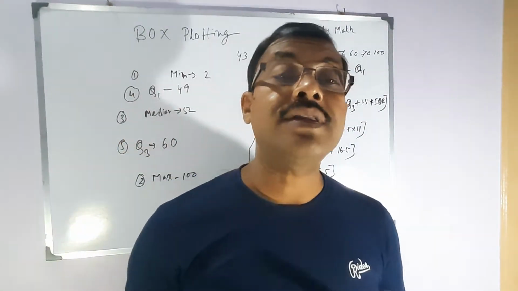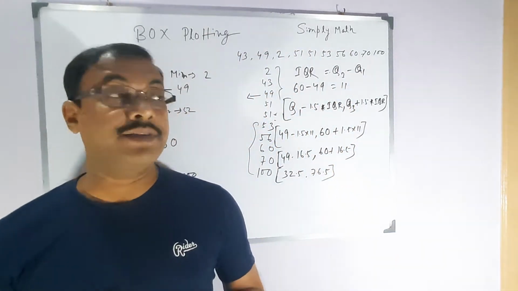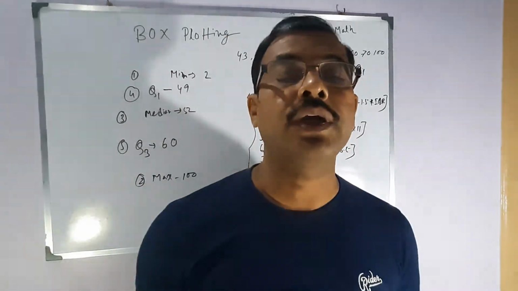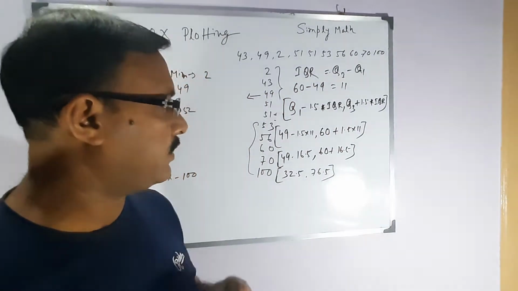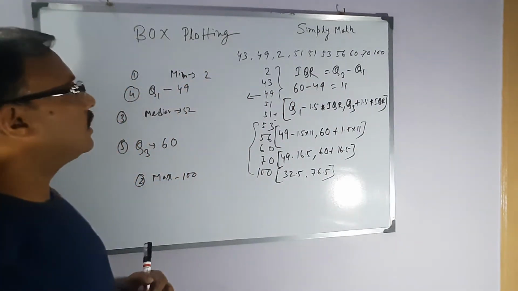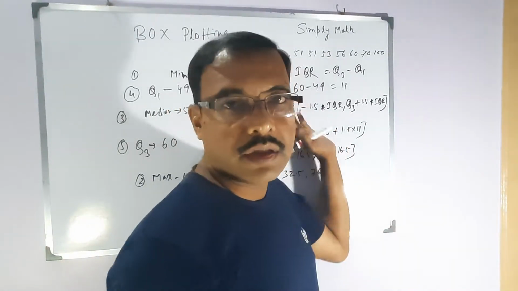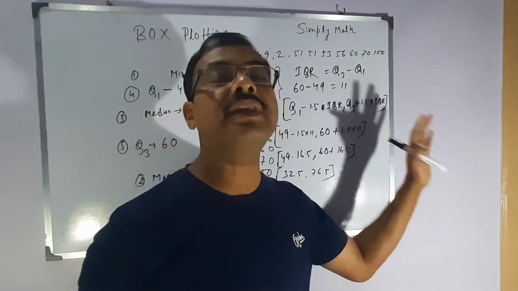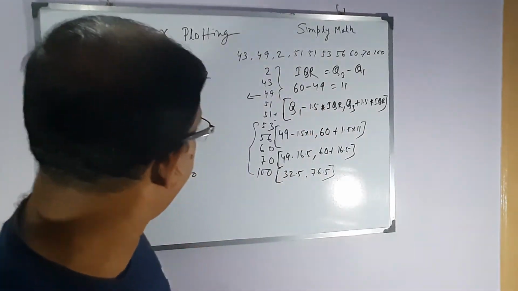But the concepts need to be clear. That is why you need to know how we find the Q1 and how you find the Q3. That is why I have discussed it. Now, in this mathematics, how I represent the data and how I found the outlier, this is my next step.